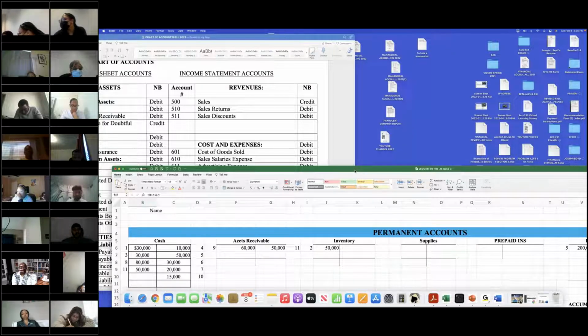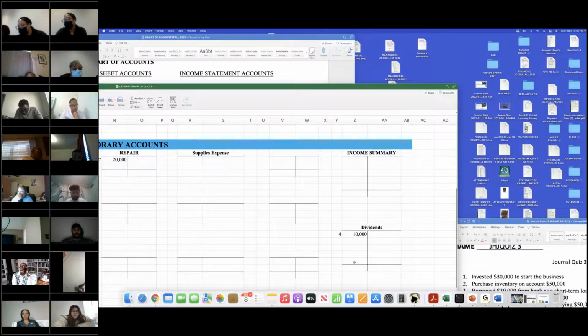Yeah, we have a T account right there for dividends. Oh, okay. I was trying to make sure I didn't have it. Okay.